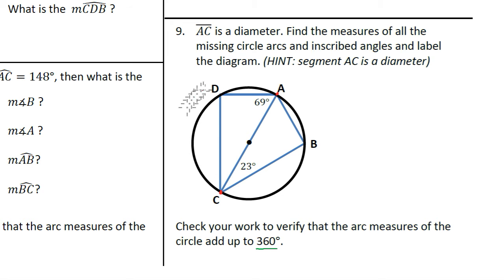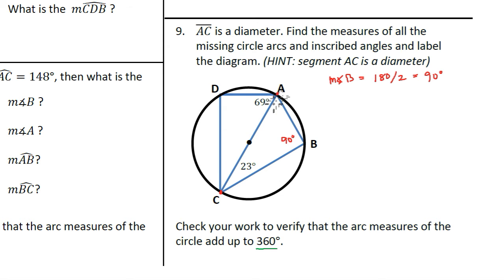I know that arc CDA is a semicircle. That means it's 180 degrees, and we know that this angle B is half of that. It's an inscribed angle. So the measure of angle B is equal to 180 divided by 2. So there's the first thing I know.